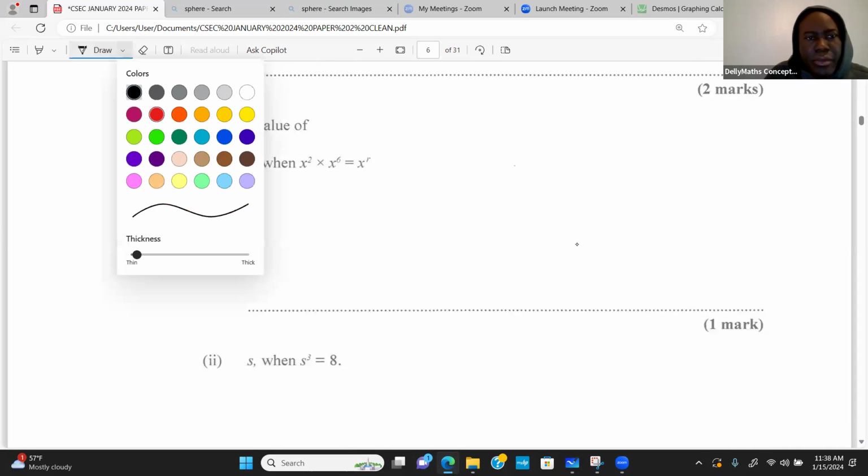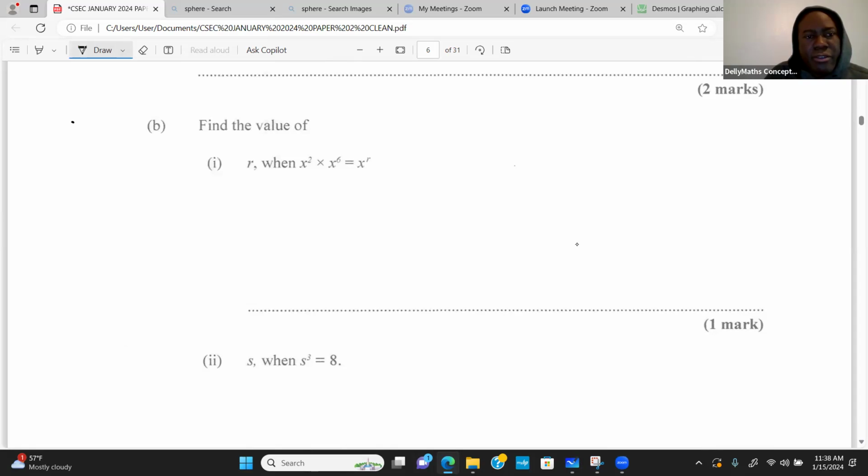Number two says here, we want to find the value of r when x squared times x to the 6 is equal to x raised to the r. So I'm just going to write this back quickly. Basically, we're going to work out the left side.